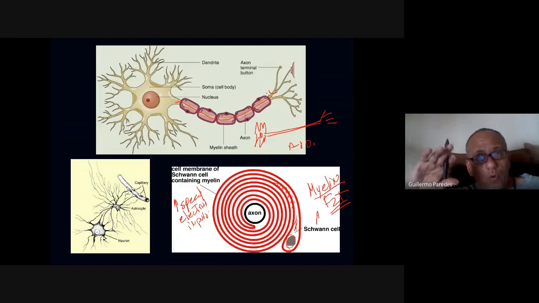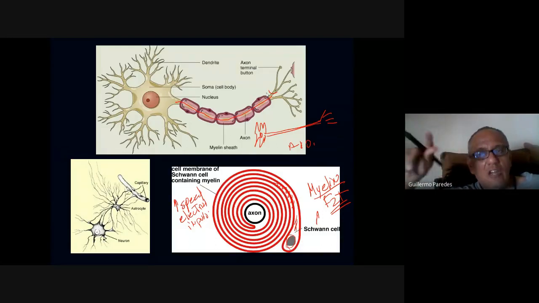It can go 100 yards in 1 second. And the cells that do not contain Schwann cells are going to run 1 yard per second. See the difference? 1 yard per second for those nerve cells that do not have Schwann cells, but the ones that contain Schwann cells run 100 yards every second. You okay with that?